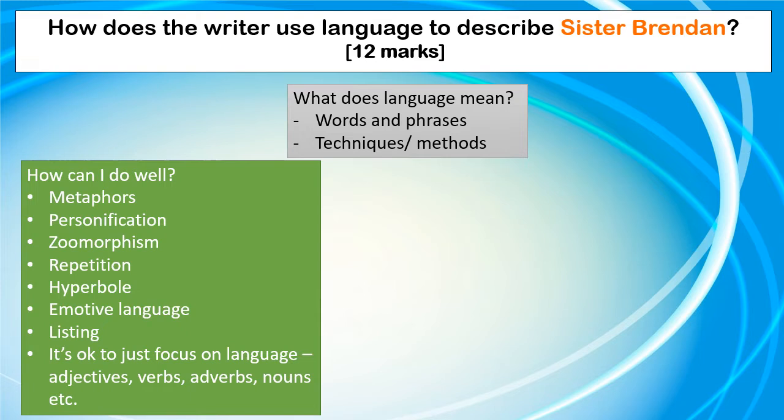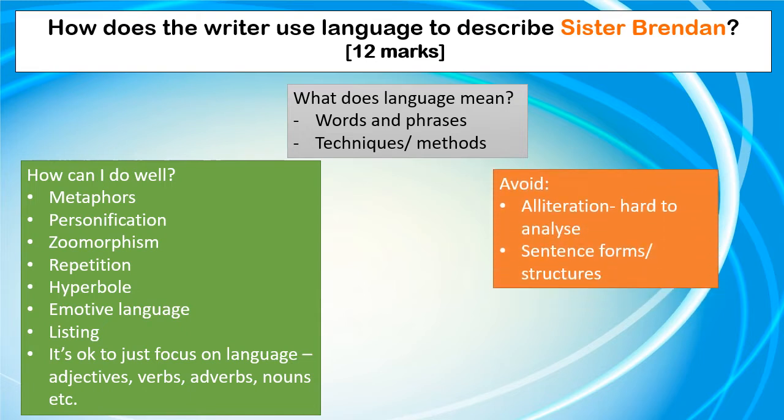It's also absolutely fine, and in fact common, to just focus on adjectives and verbs and adverbs and just that word level analysis. Yeah, it's interesting that when this paper first came out, a lot of the early revision guides will tell you to look for non-fiction features, but as you've just said, with it being literary non-fiction, it has got exactly the same thing. So those skills that you're good at, you can utilise in this question.